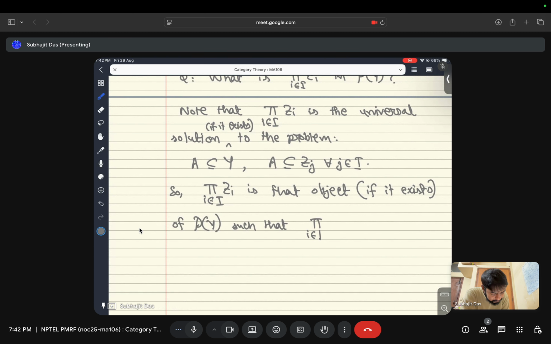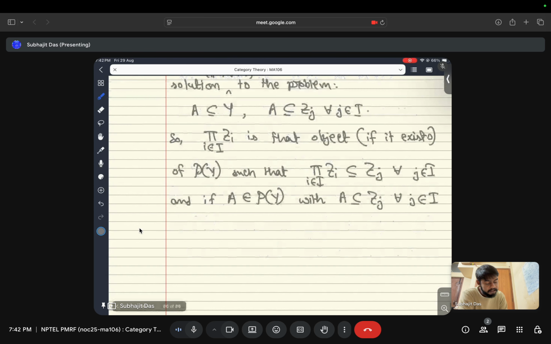∏ Zi is contained in Y, and we already mentioned that this is contained in Zj for all j in I. And if A is a subset of Y, that is, if A is an object in PY with A a subset of Zj for all j in I, then A must be contained in the product ∏ Zi.